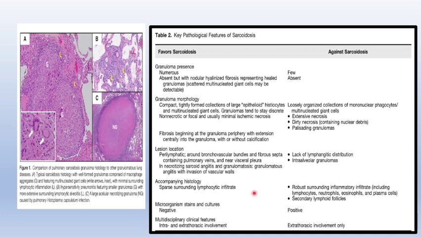So when you compare a pulmonary sarcoid granuloma, the histology favoring a sarcoid granuloma and against a sarcoid granuloma must be known, and that way we will be able to include or exclude the diagnosis.